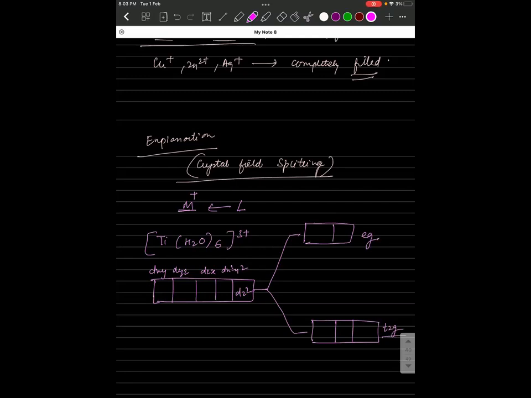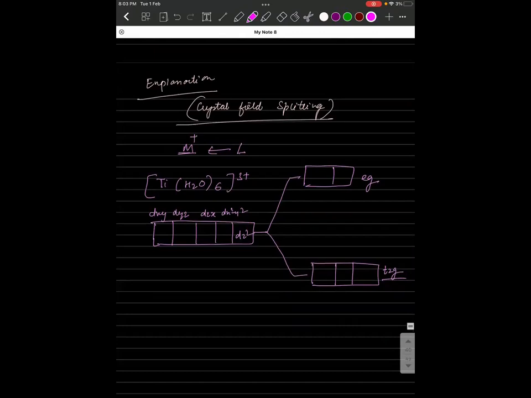Now the second thing is when light falls on a transition element. When light falls on this transition element, what happens?